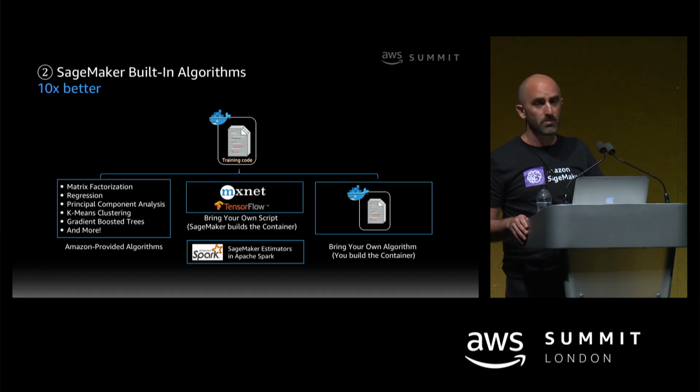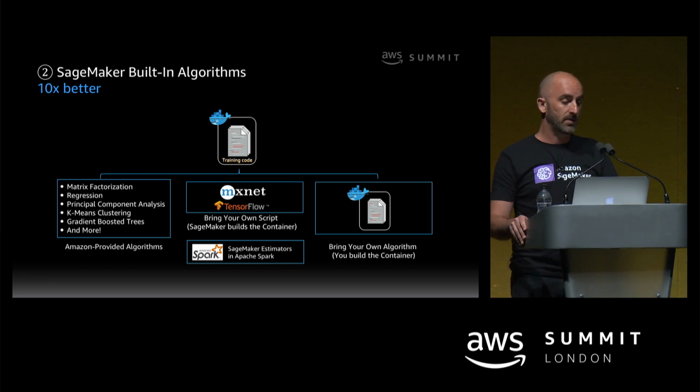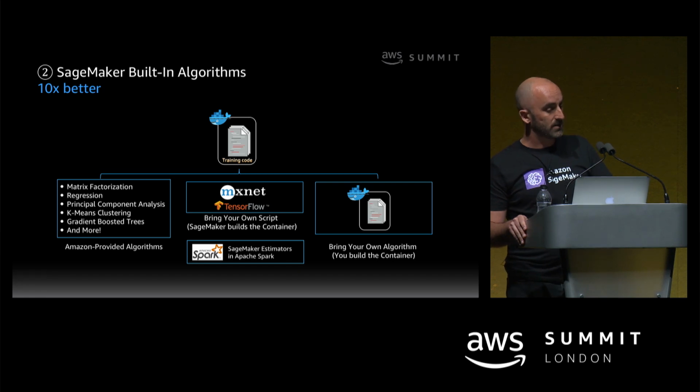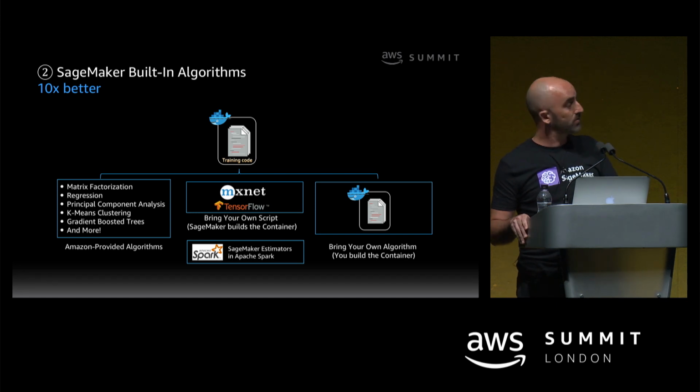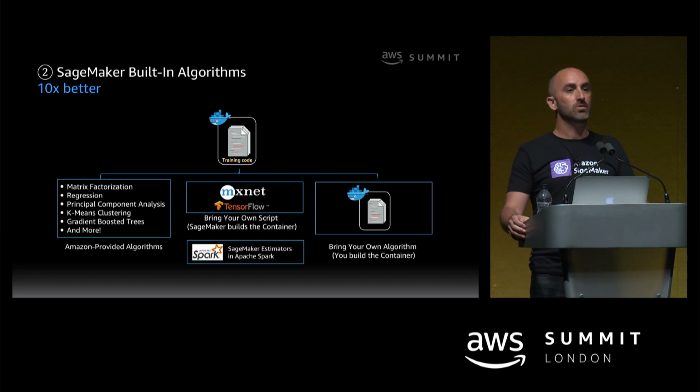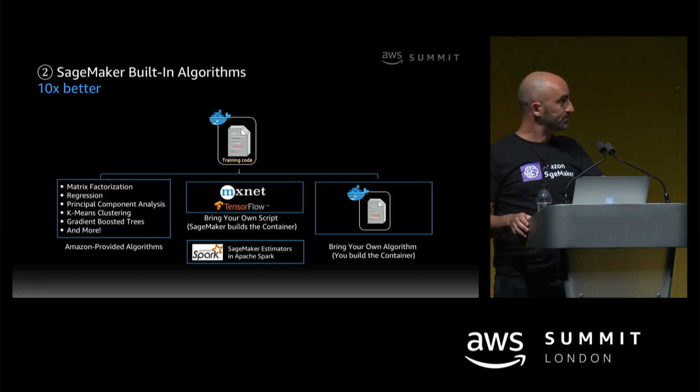And we'll continue, based on customer feedback, to increase the number of algorithms we provide. So as I mentioned earlier, if you have MXNet or TensorFlow scripts that you're using, you can bring them. We manage the actual containers for running those algorithms. So essentially, you can just bring your pre-built scripts and they'll work fine. You can bring your own algorithms. This is where there's a little bit more work to do.